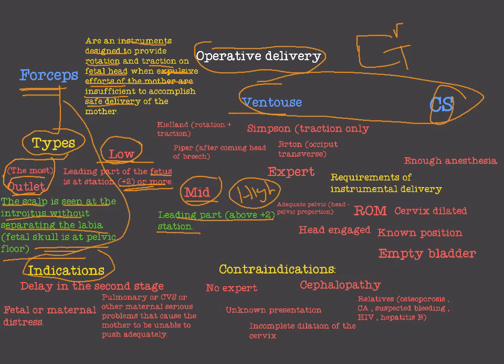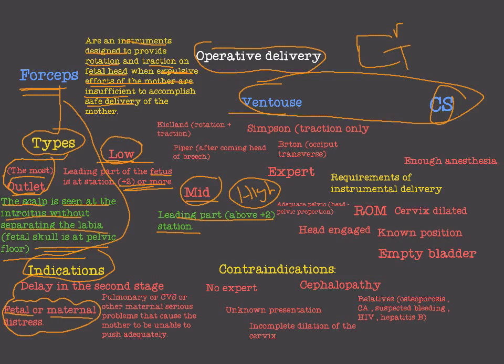What are the indications to use forceps? We said when the mother's expulsive efforts are not enough to push the baby. So now let's arrange that. We use forceps if we have fetal or maternal distress. What do we mean by fetal distress? CTG or other signs of fetal distress.